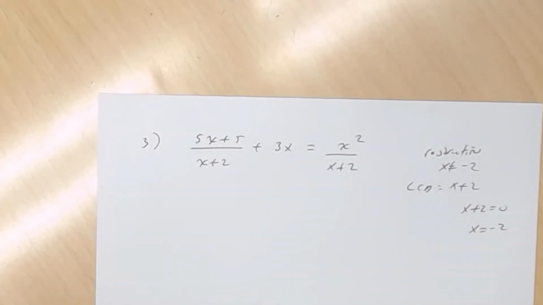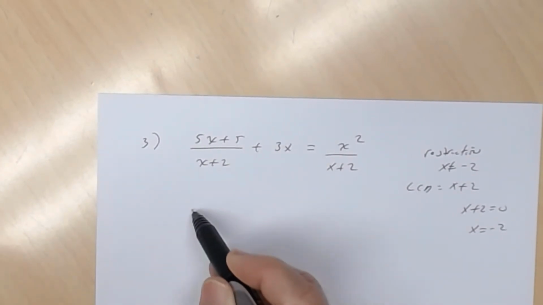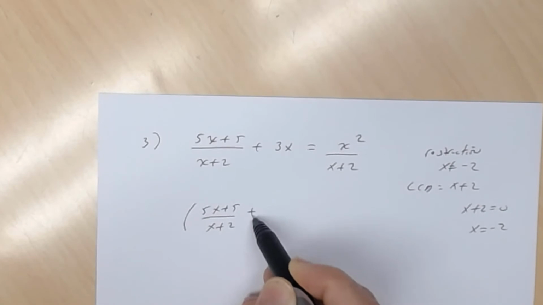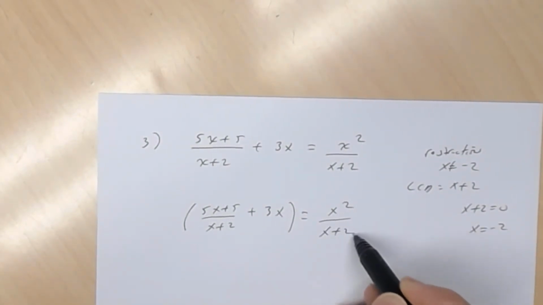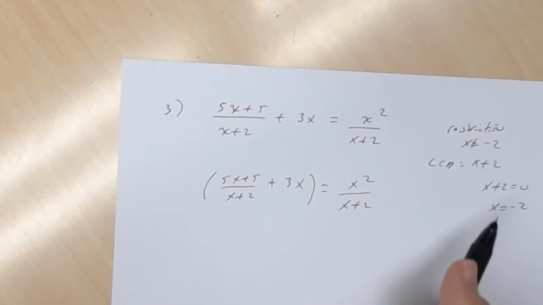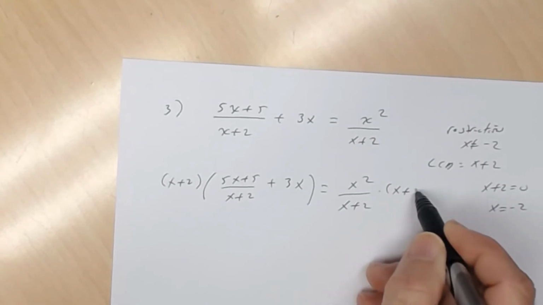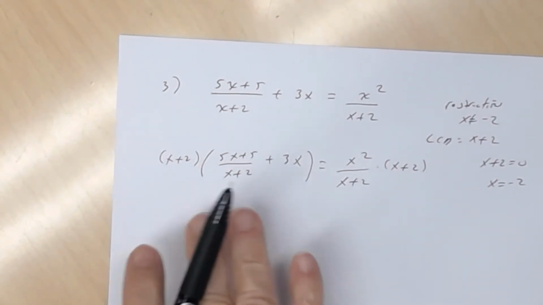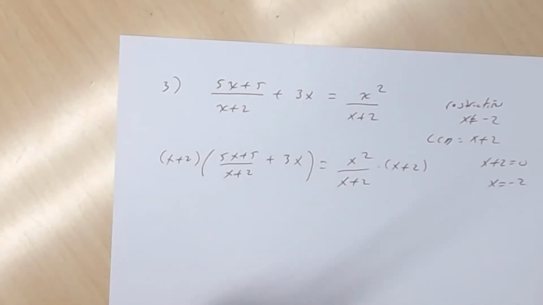That's your LCD. Okay, so now we're going to multiply both sides by the LCD. That's the next step. We're going to put this in parentheses: (5x + 5)/(x + 2) + 3x equals x²/(x + 2). All right, and so that's where now we're going to say times (x + 2), put that in parentheses, times (x + 2), put that in parentheses. What do you think the next step is based on all the problems we've done at this point with parts 1 and part 2?